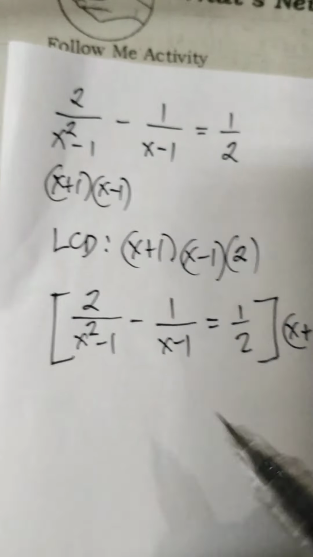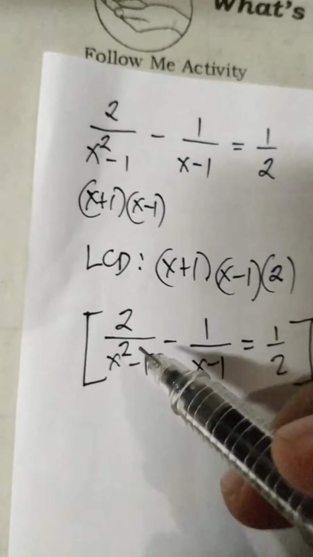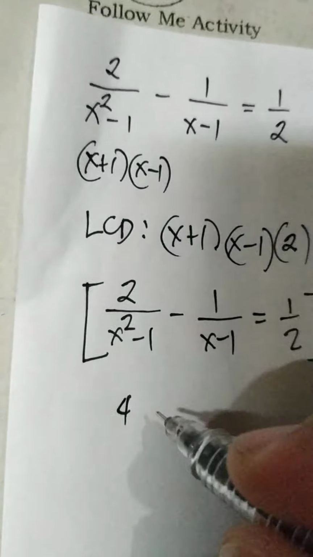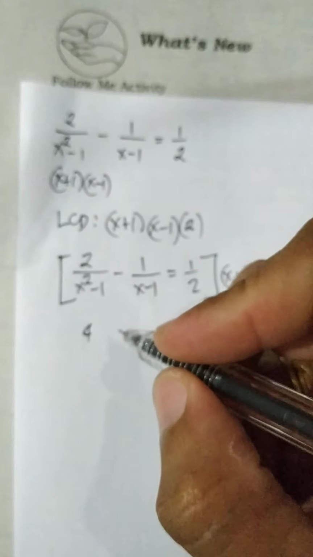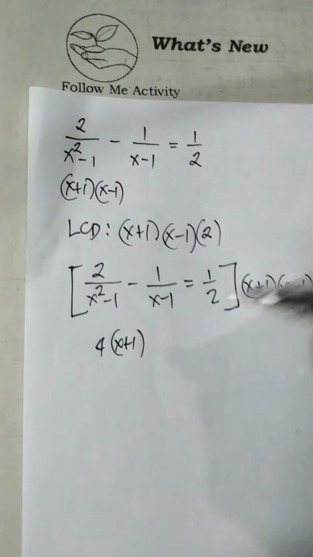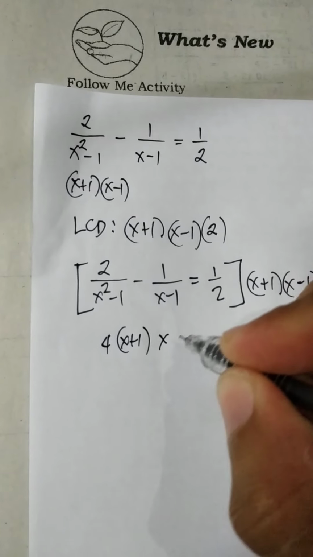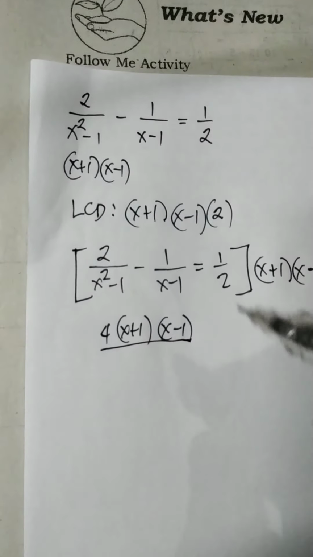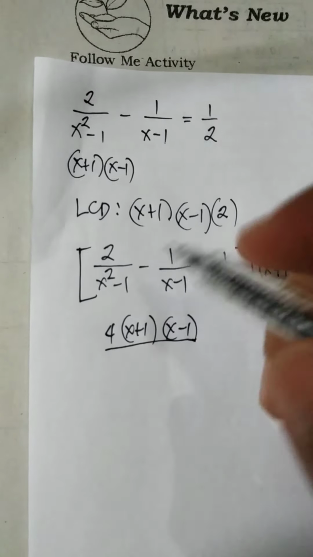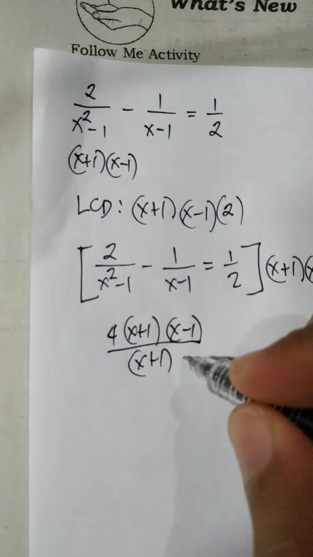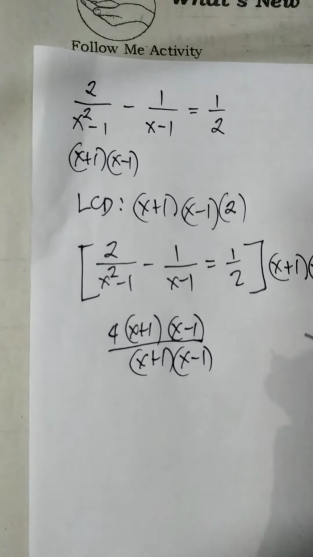So this will become, so 2 times 2, that is 4, times x plus 1 times x minus 1 divided by, so ang factor ng x squared minus 1 is x plus 1 times x minus 1.